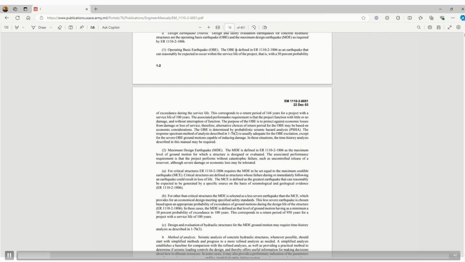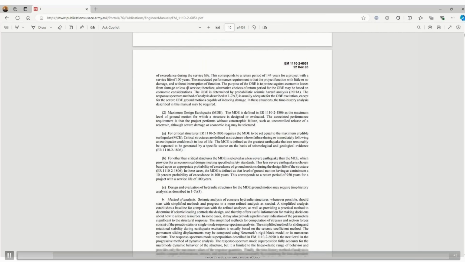Okay, we can have these 144 years spectral acceleration versus time curves. There is an example in this code. Okay, you can please go through this code. There is an example for how to evaluate this one. Most of the agencies are following the similar procedure.